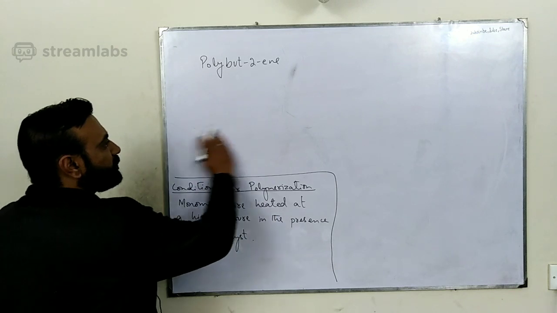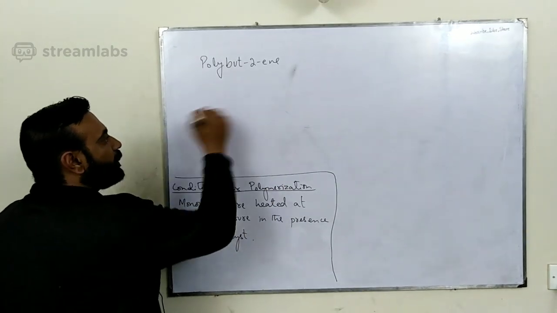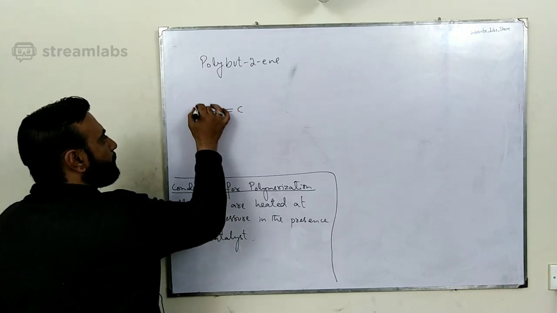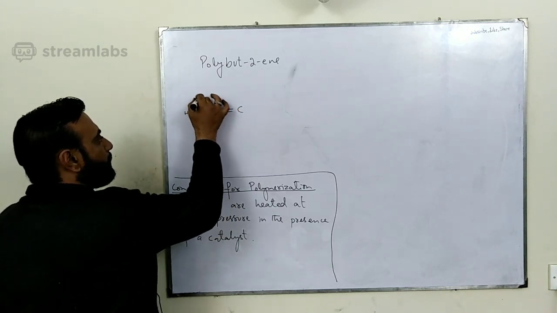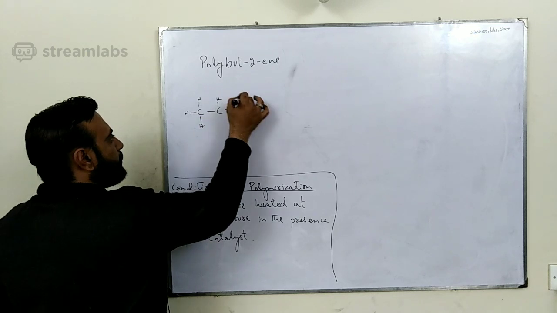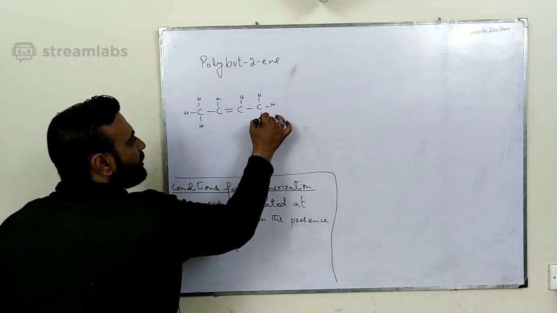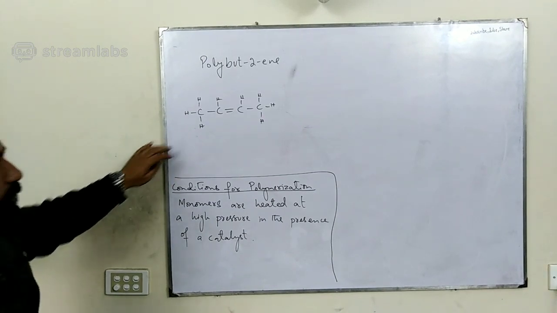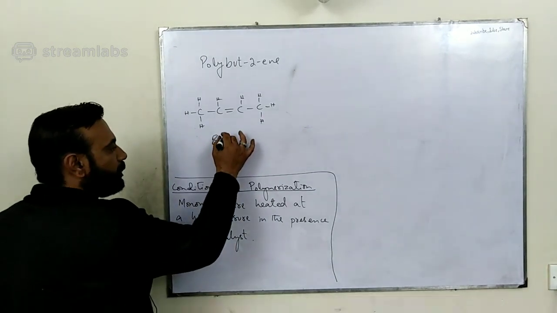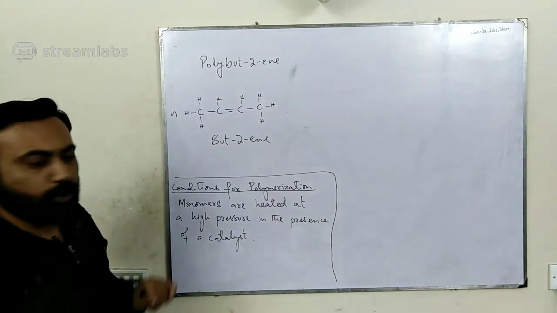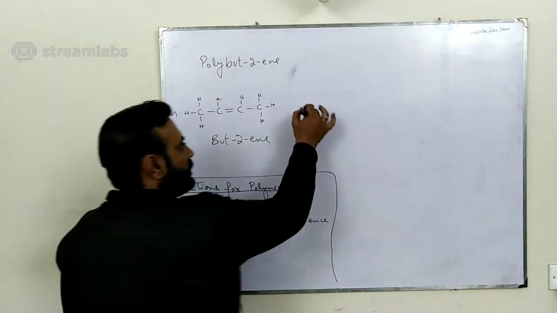So first let us draw the structure of butene. This is the structure of butene, which is the monomer. And there would be n number of butene molecules involved in the reaction.